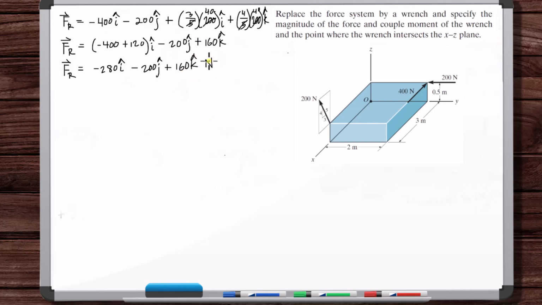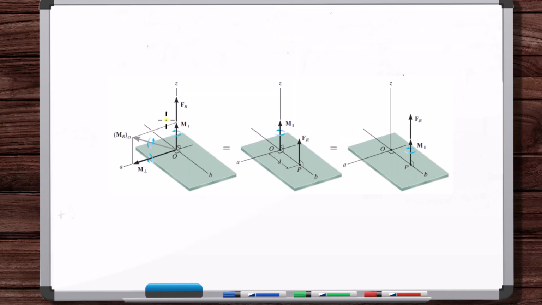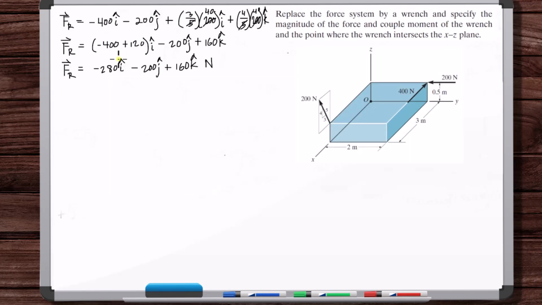This is in newtons. Now, the direction of the force vector is important because that's going to be the direction of the wrench, right? So let's go ahead and get a unit vector in this direction.